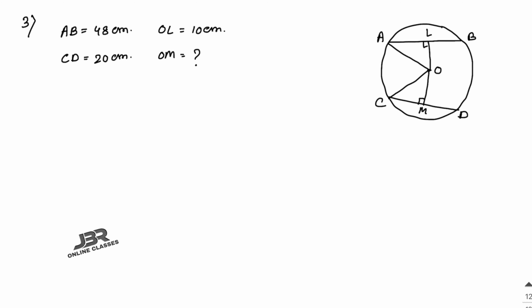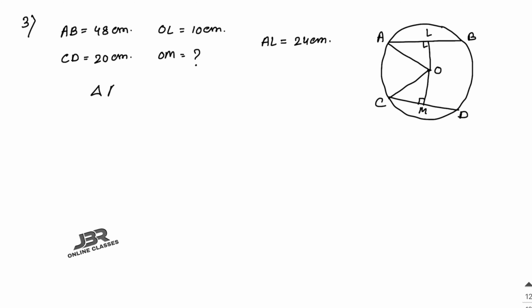As AB equal to 48 centimeter and OL is the perpendicular distance, L is the midpoint of AB. So AL equal to 48 by 2, that is 24 centimeter. First you have to join OA and OC, both are radii of the same circle.